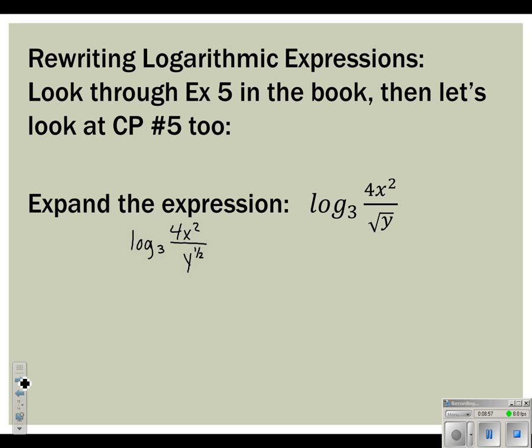I have a log base 3 of 4 times x squared. Log base 3 of 4 plus log base 3 of x squared takes care of that. And then we also have the divide by y to the 1/2. So I'm going to do then the minus part for the quotient.